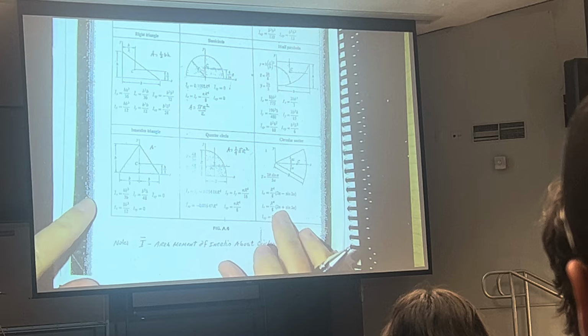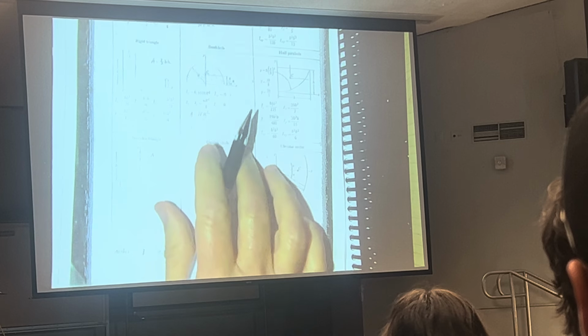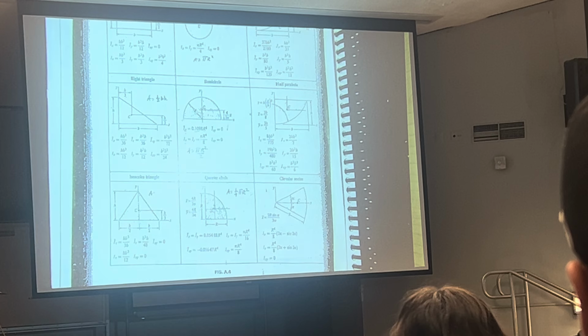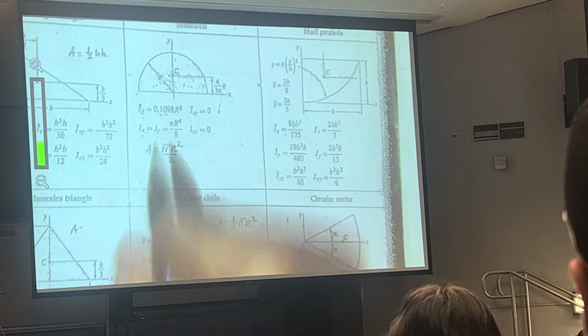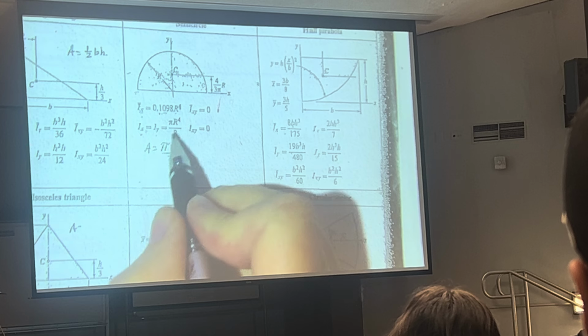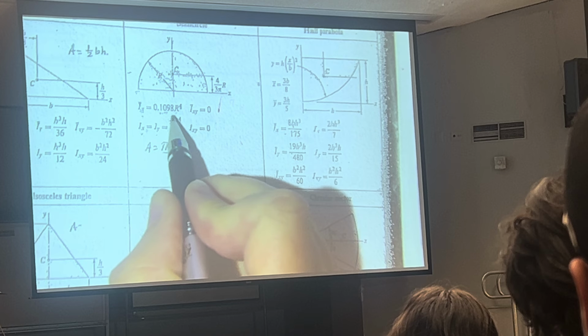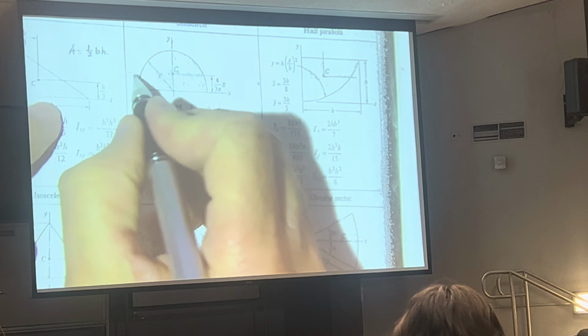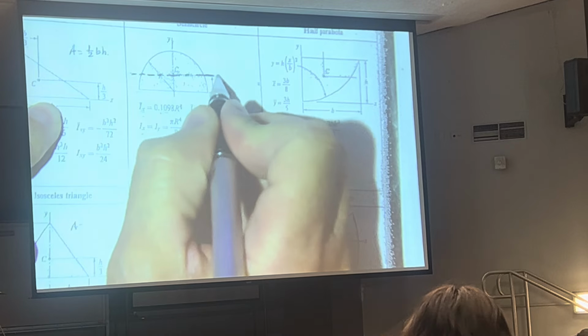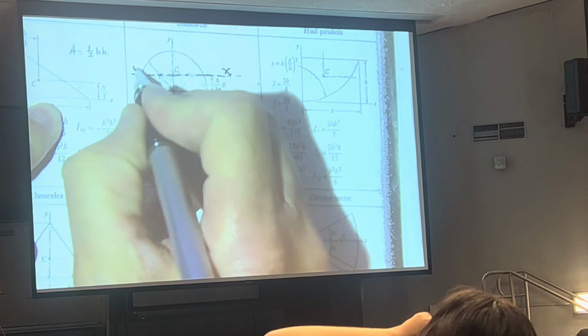However, in the sheet that I gave you, let me blow it up a little bit. Notice I give you the Ix and Iy, but I also give you 0.1098 R. So an I with a bar on it is the I that goes through this axis. That's the XX.